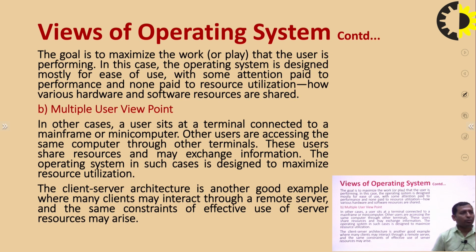The goal is to maximize the work that the user is performing. In this case, the operating system is designed mostly for ease of use, with some attention paid to performance and none paid to resource utilization, because there is only one person there.